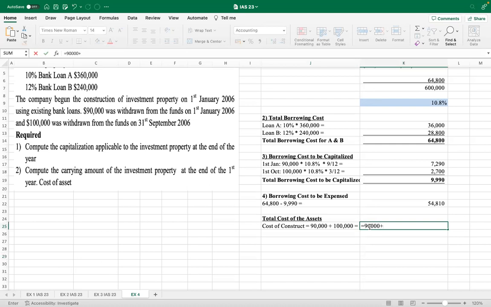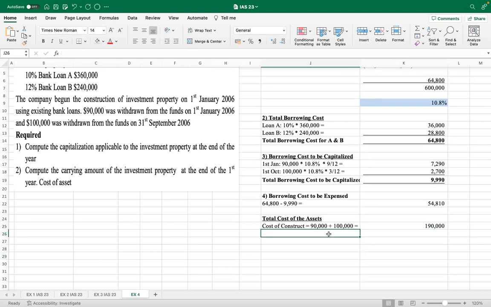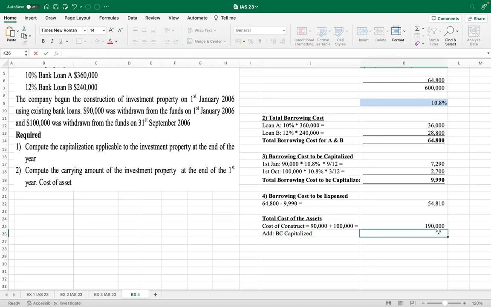90,000 plus 100,000, plus you add the amount capitalized. Borrowing cost to be capitalized, sorry, was 9,900.